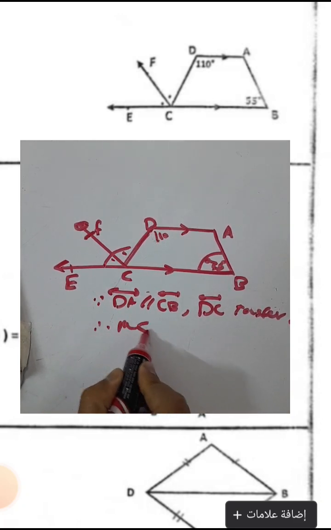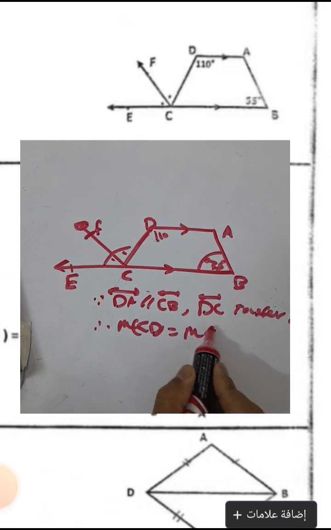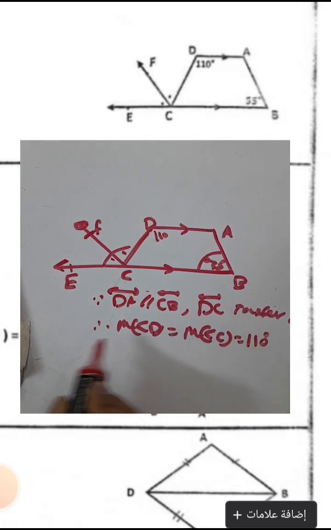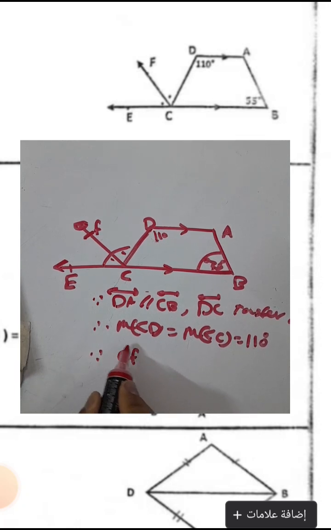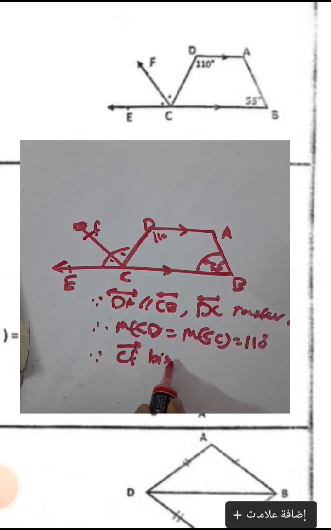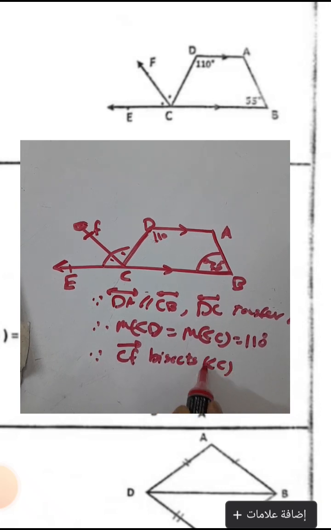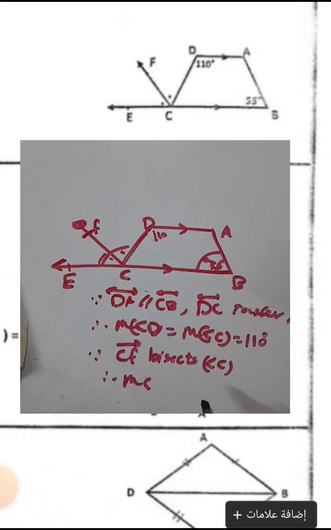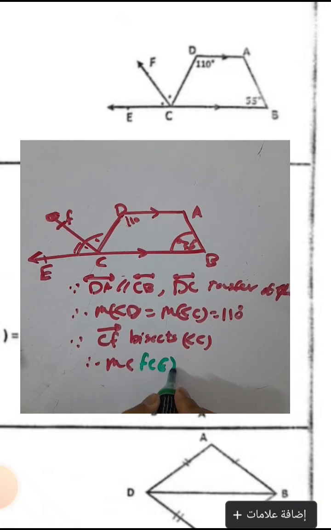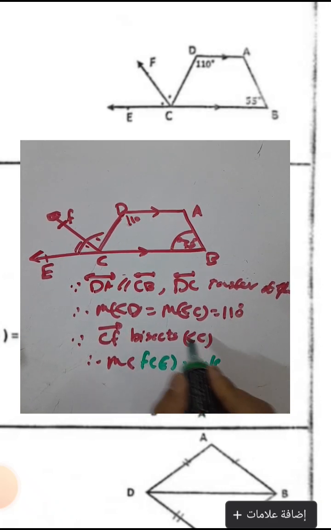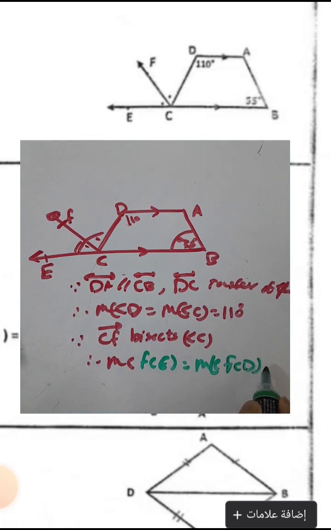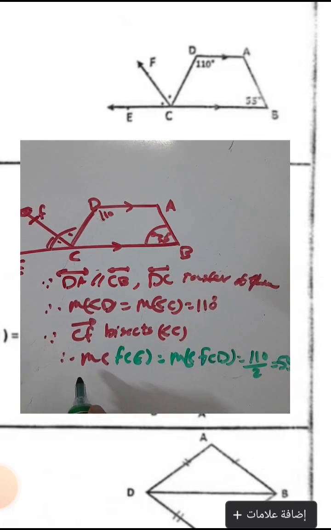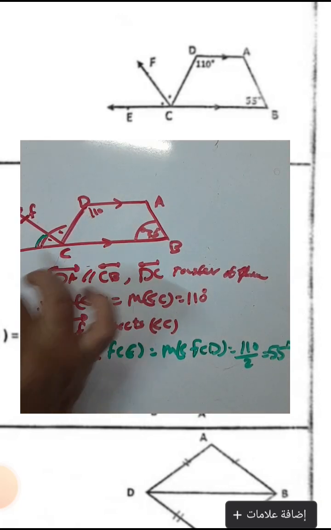Then the measure of angle D equals the measure of angle C equals 110 degrees, and the ray CF bisects angle C. Then the measure of angle FCE equals the measure of angle FCD equals 110 divided by 2 equals 55 degrees. Okay, this angle will be 55 degrees.